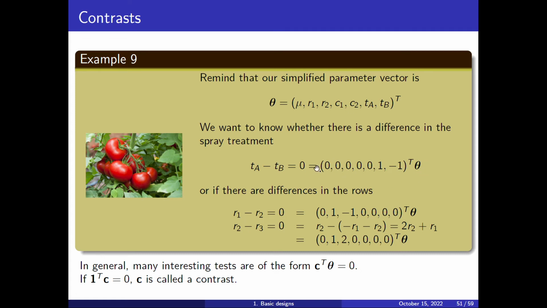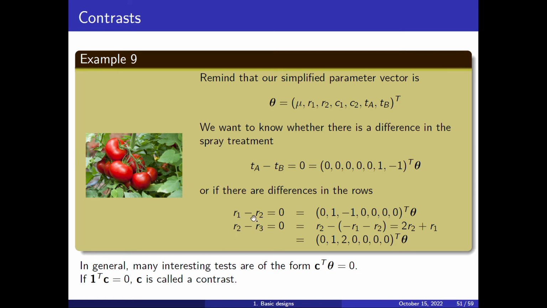So in general, a contrast is a test in which I have a vector defining the contrast times the vector of parameters equal to 0. And if the coefficients of this C add up to 0, then it is said to be a contrast.